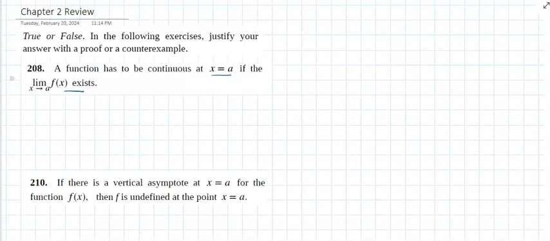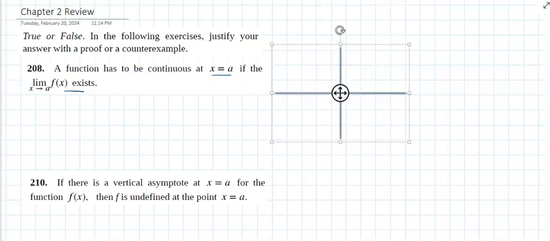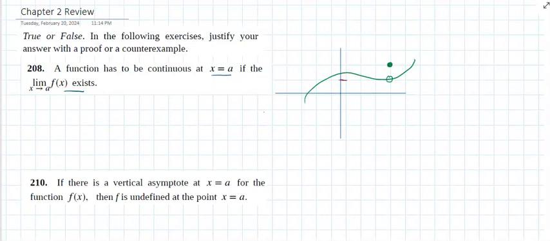Okay. So if I think of the following graph, if I take the limit and call this a, if I take the limits from the left and the limits from the right, isn't that a 1?